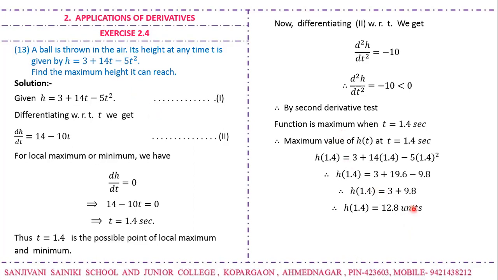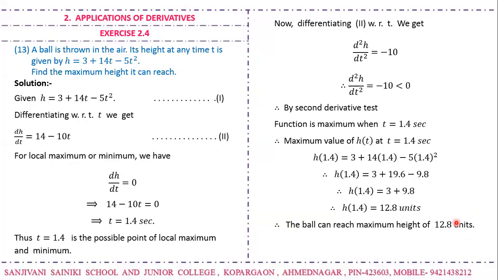So the maximum height attained by the ball is 12.8. I have written meter here, but actually the unit is not given, so I have to use units only. 12.8 units. This is the correction.